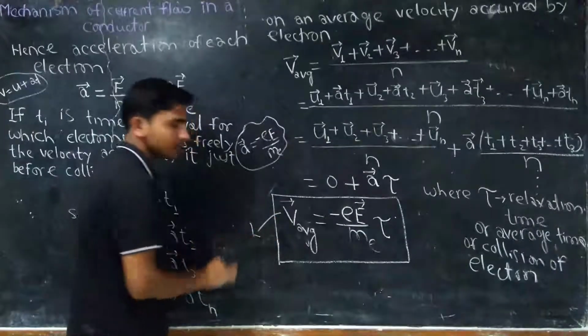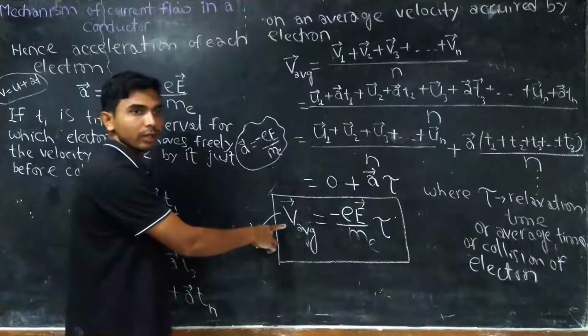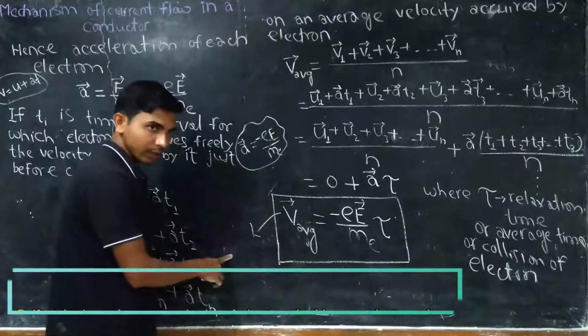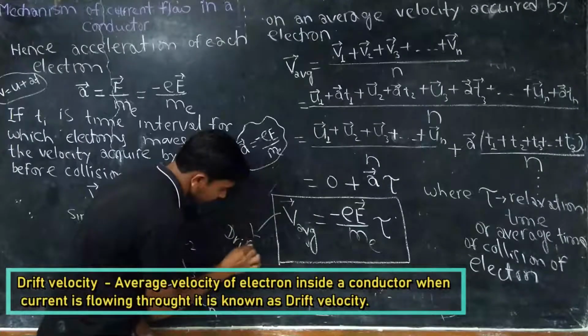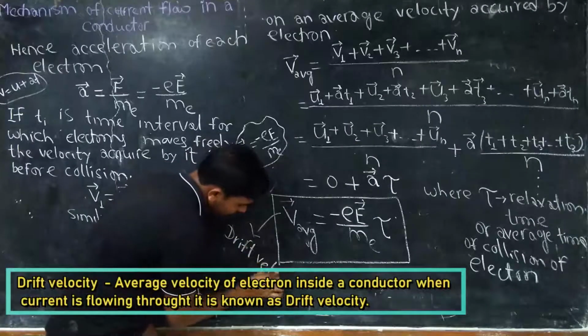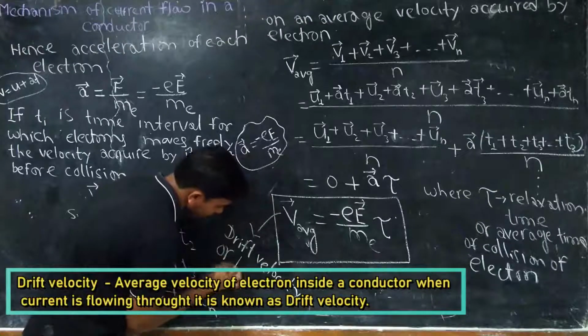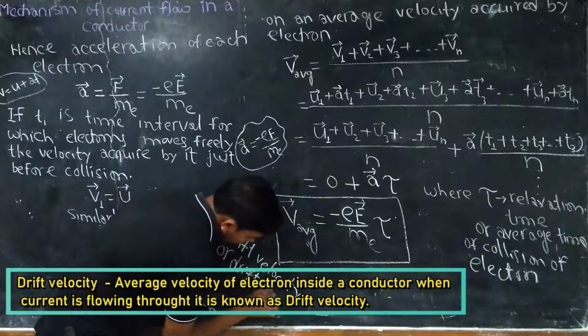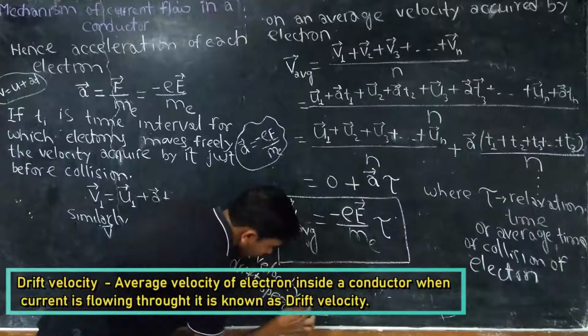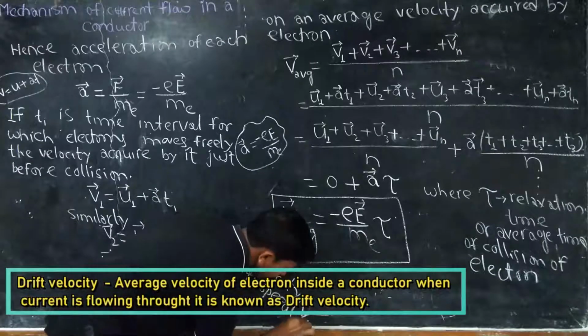This average velocity is known as drift velocity, or drift speed. Sometimes we call it drift speed, and it is represented by Vd.